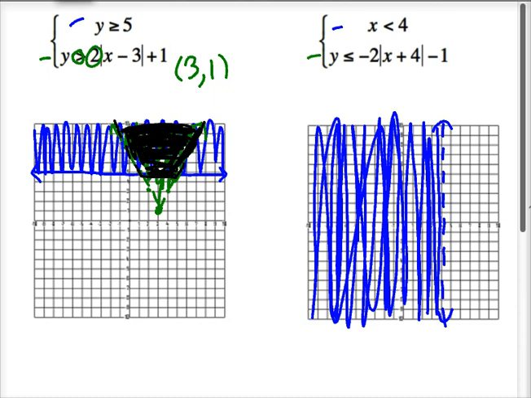Now for my absolute value. Again, let's interpret where my vertex is. To the left 4 and down 1. So left 4, 1, 2, 3, 4, down 1 will put me right there. Slope of -2, so down 2 over 1. So I make my line here, then I mirror that line over.